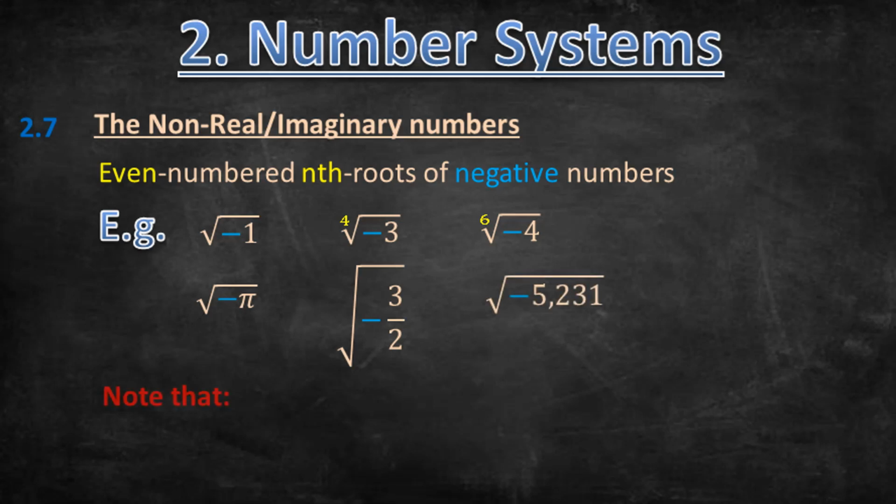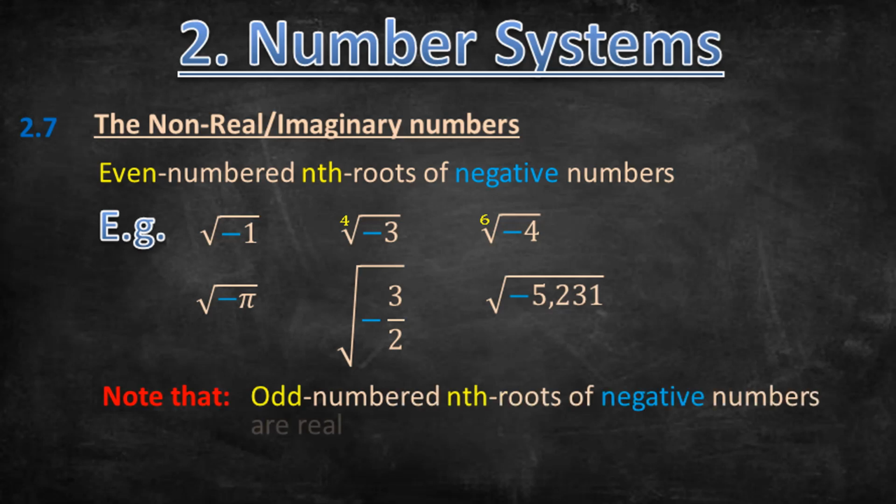You should note that odd-numbered nth roots of negative numbers are real. For example, the cube root of negative 3 and the fifth root of negative 1 are both real.